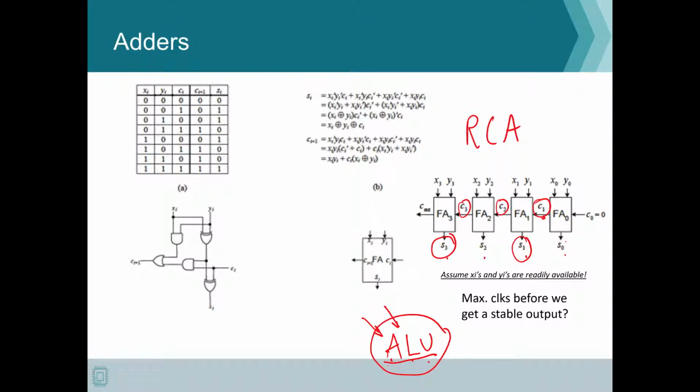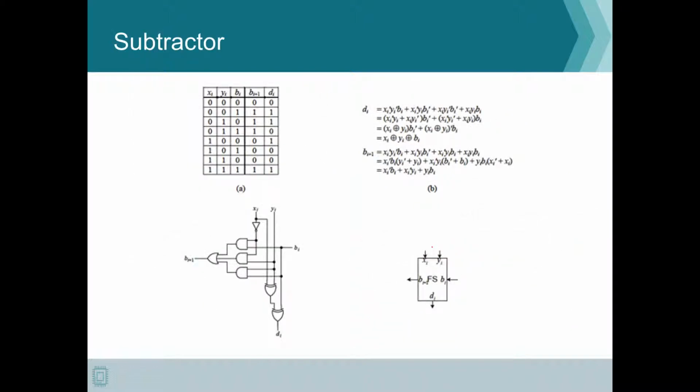So therefore you can see that the carry has to ripple through the adder circuit in order for you to actually compute the entire sum and the final carry out. So this is a form of serial operation, and so we need 4 cycles before you get a stable result.